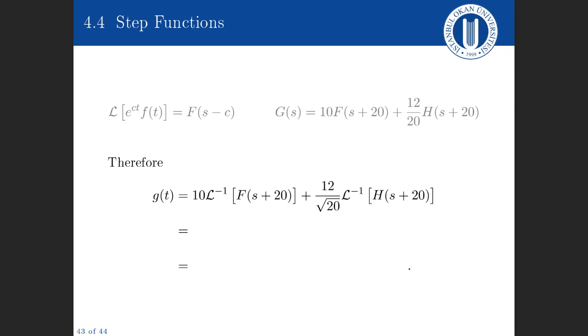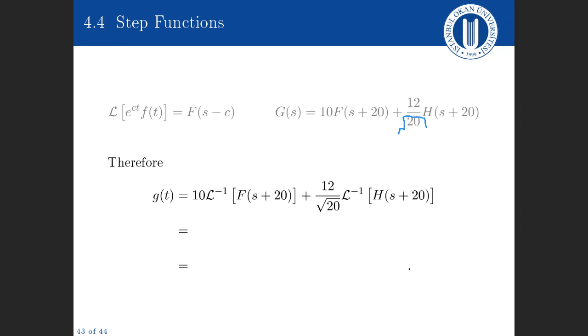There should be a square root just here, multiplied by capital H. So small g is 10, inverse Laplace transform of capital F at s plus 20, plus 12 over root 20, inverse Laplace transform of capital H at s plus 20.